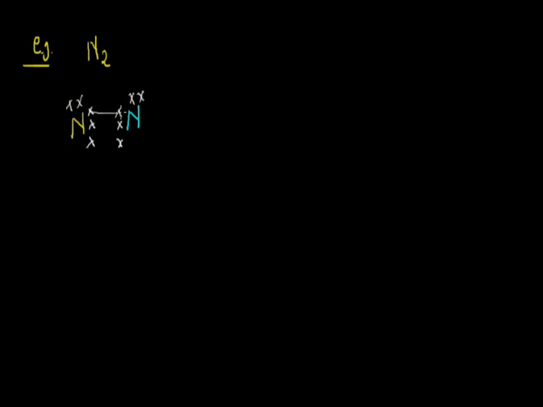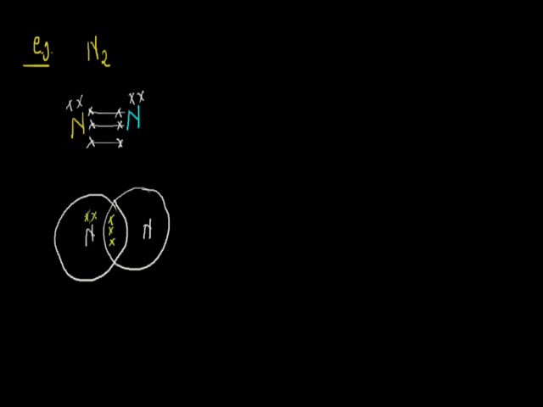To complete the octet, it shares 3 electrons from each side. The diagrammatic representation is nitrogen and another nitrogen, each with 5 valence electrons. So this is the complete nitrogen molecule. These 6 electrons are called bond pairs. Here are the 3 bond pairs, and this is called a lone pair. This is also called a lone pair.